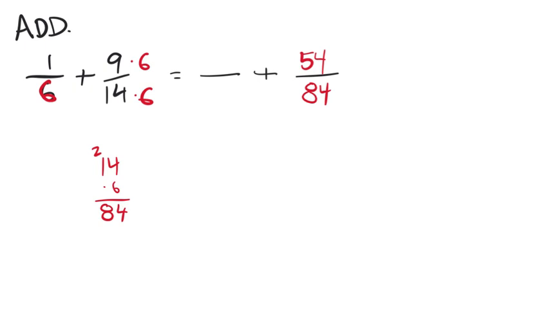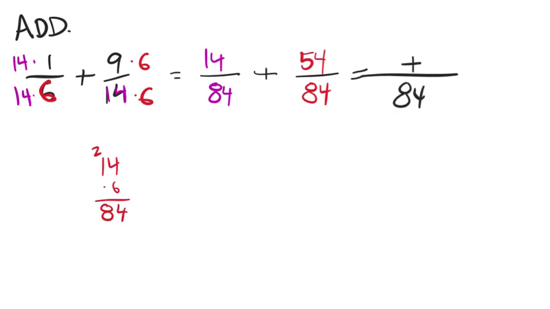54. Okay, and then I take the 14 denominator and I multiply it into the other fraction as well, so 6 times 14. The good news is we've already done 6 times 14. We already know that's 84. And then the numerator also, multiplied by 14, would be 14. Now we have 84ths, which we're adding the numerators of 14 and also 54.